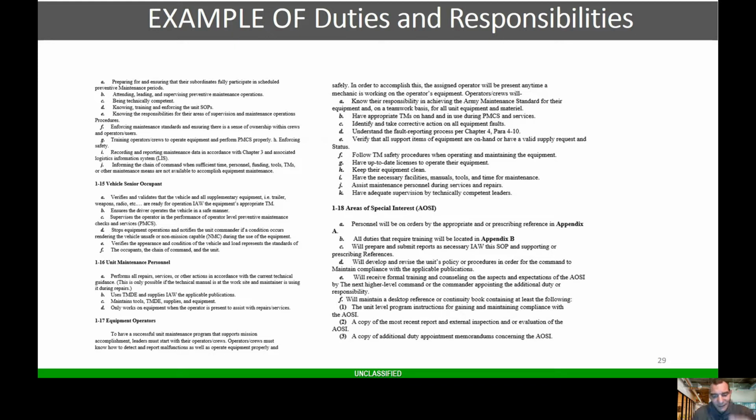Everybody in your unit has some form of emphasis on maintenance. It's not just the mechanic's responsibility to maintain equipment. There are 10 level checks that operators should be doing. So keep that in mind.